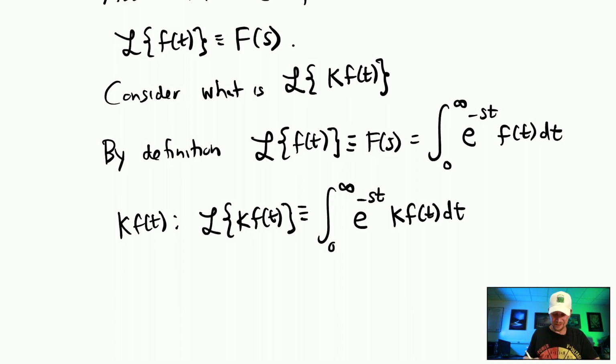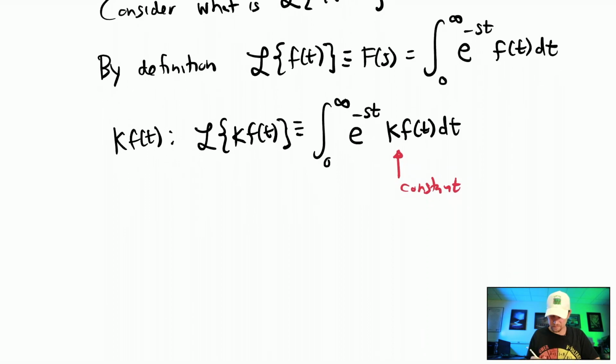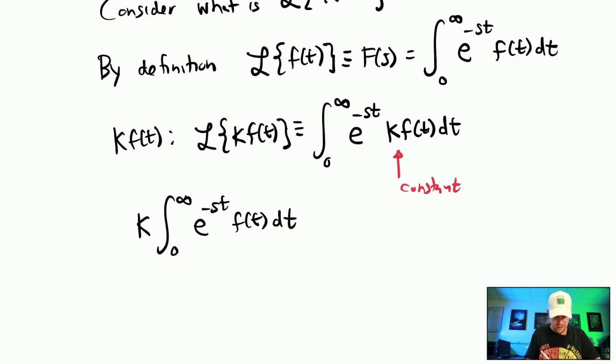It's a constant. This, by assumption, is constant, which means we can pull it out of the integral. Right, so this is the same thing as k times the integral from 0 to infinity of e to the minus st times f of t dt, like this. And you should be able to recognize that that's the original Laplace transform of f of t.